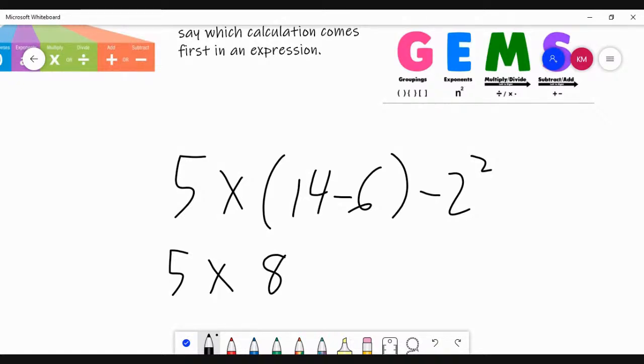Remember, once you have gotten to one number without it adding, subtracting, multiplying, dividing, or raised to a power exponent, you drop the parentheses. Then we subtract 2 squared.